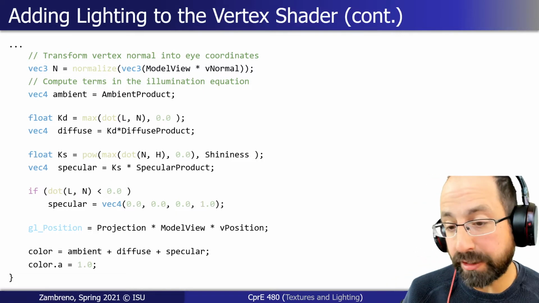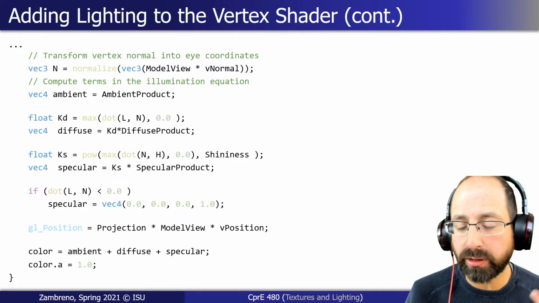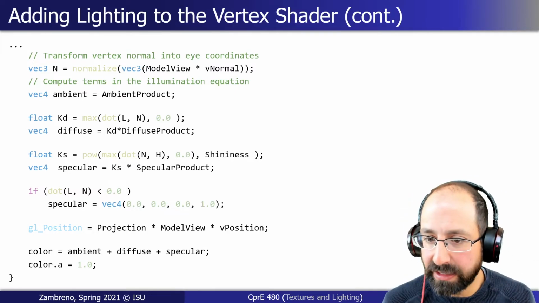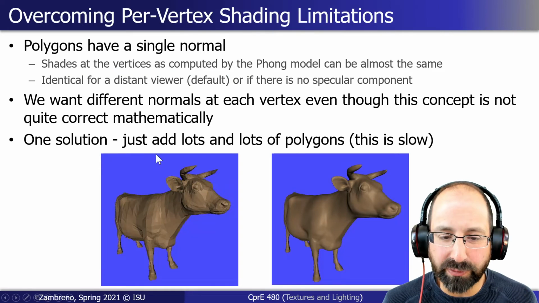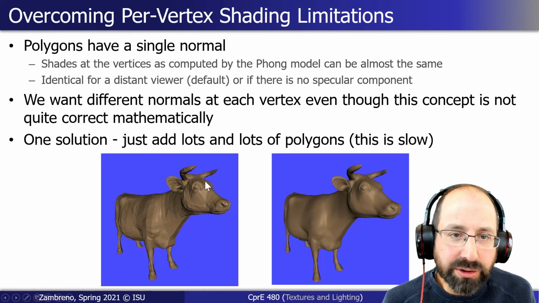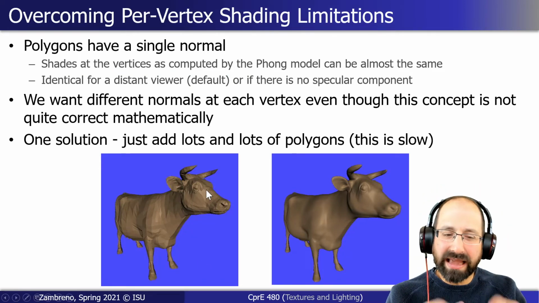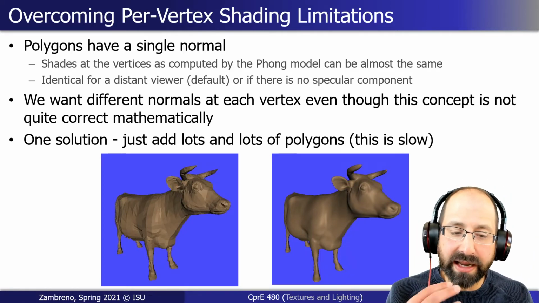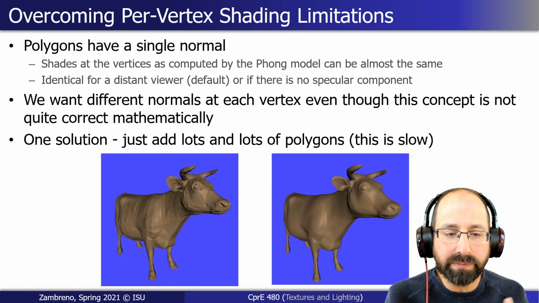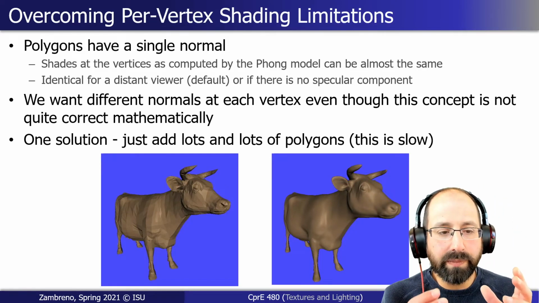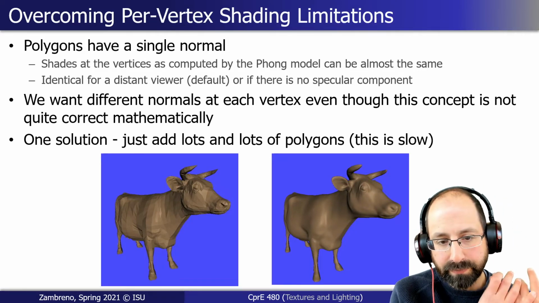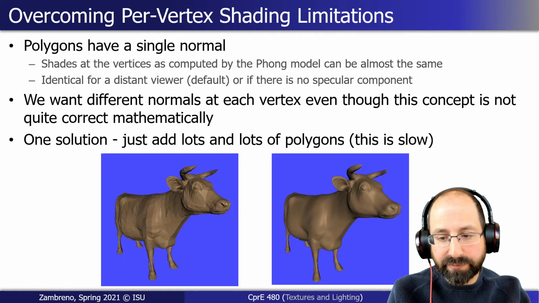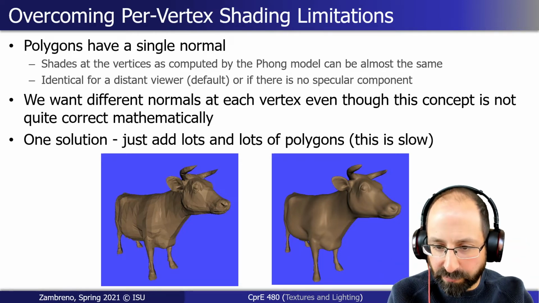If that's the only information we have, if we have per triangle normal information and we don't do anything with it other than apply it directly, that's why it's referred to as a flat shading model, because you can see the individual triangles still. It still has a three-dimensional look. The cow looks okay, the bull looks okay here. It's fine, but you can see the actual individual polygons. For a distant viewer, or without worrying about any particular highlights, the shades for each individual triangle are going to look roughly the same.